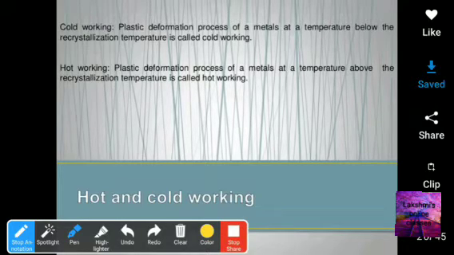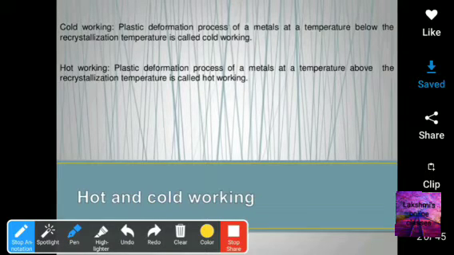Otherwise, we will not conclude that one. In shearing, piercing, and blanking sheet metal working processes, even though the part is obtained by cutting it from the sheet metal, no chips are produced, right? That's why these processes are known as chipless manufacturing processes. Mechanical working of metals means nothing but chipless manufacturing.